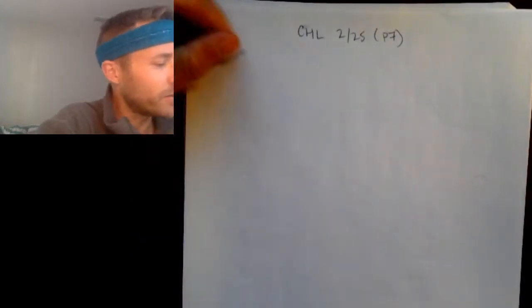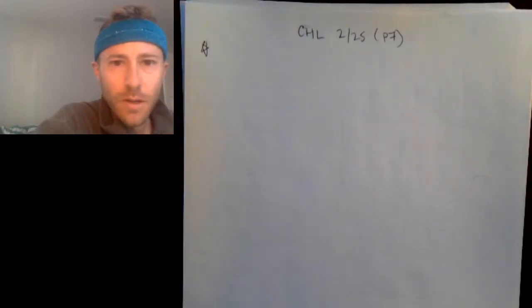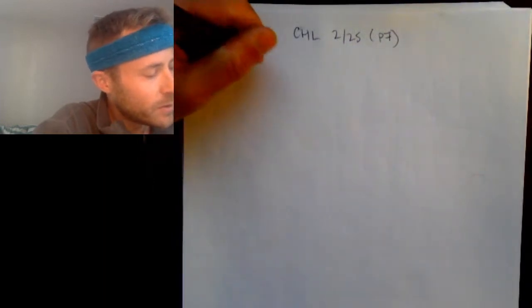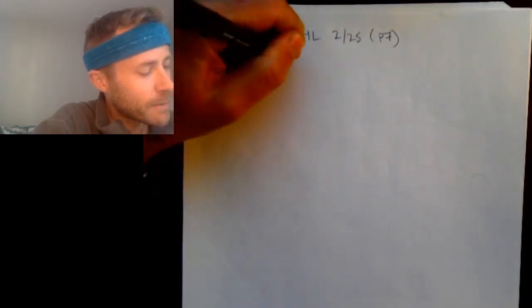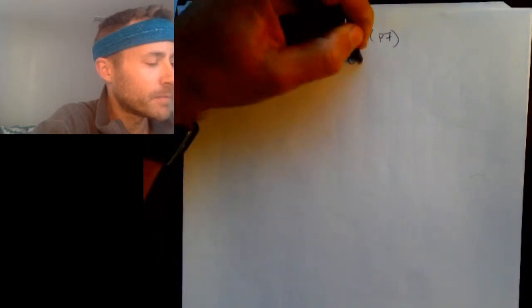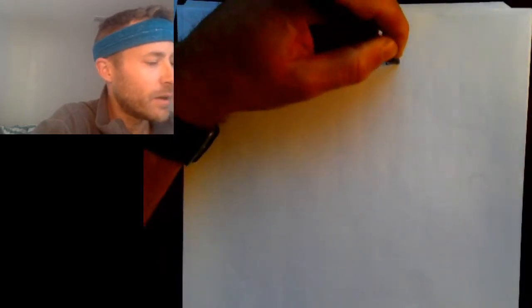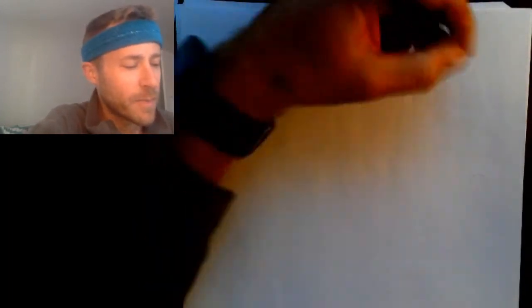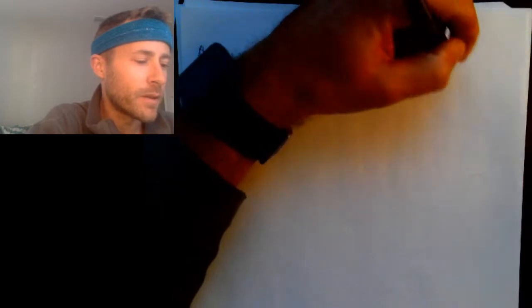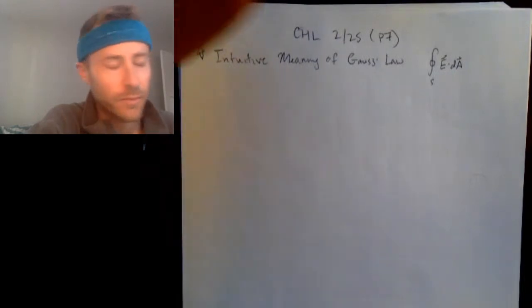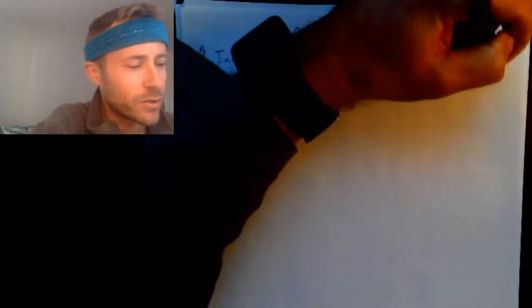So what we're going to talk about today, first of all, is the intuitive meaning of Gauss's law. And just to remind you, Gauss's law says that the flux of the electric field through some surface is equal to the charge enclosed by that surface divided by epsilon naught.